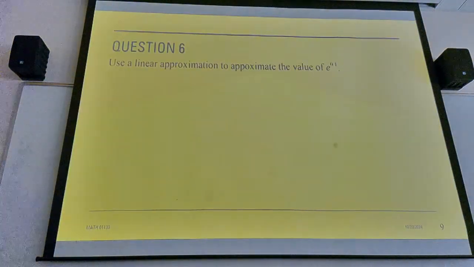What about e to the 0.1? It's f of x, e to the x. What should we use as our a? 0. F prime.